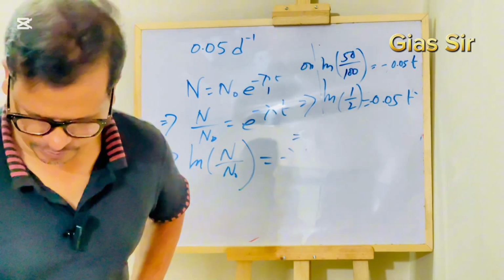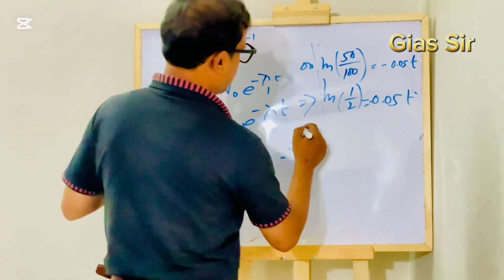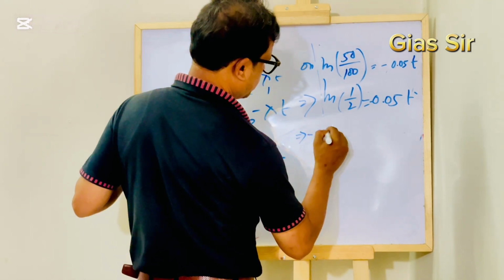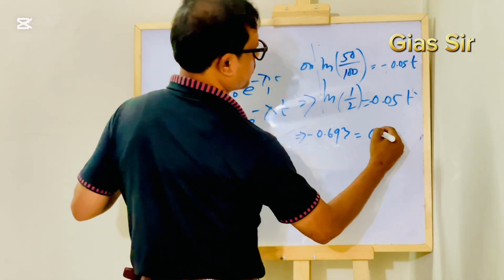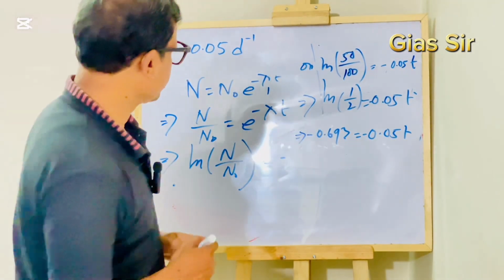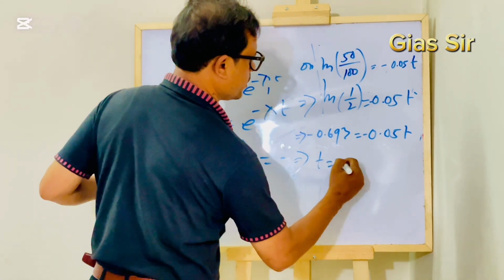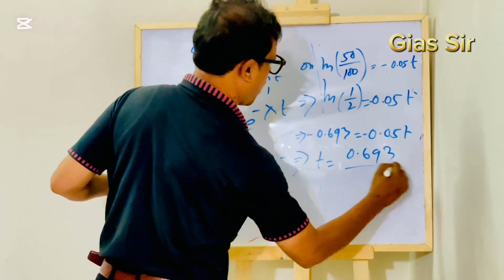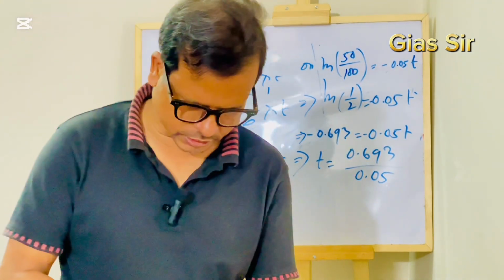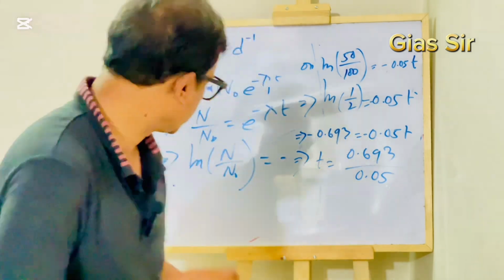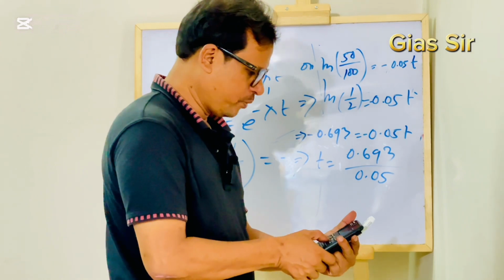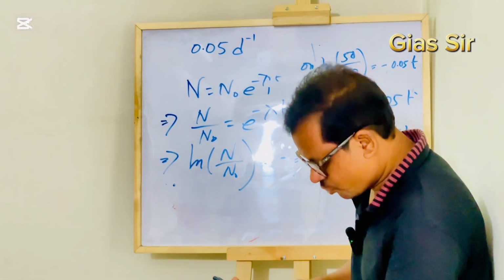Right, I said this point: minus, sorry, minus 0.693, ln half means minus 0.693. Now the minus cancels, t equals 0.693 upon 0.05. What will be the answer? 0.693 upon 0.05.